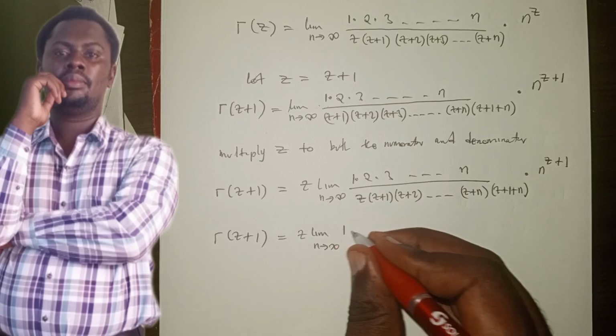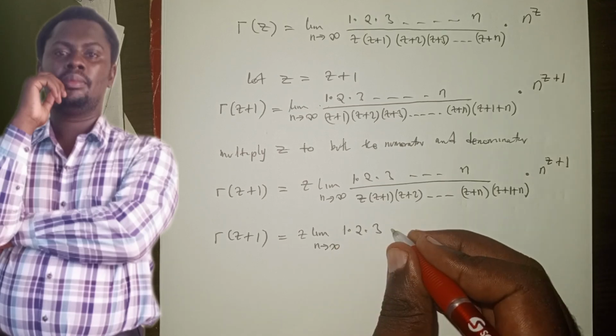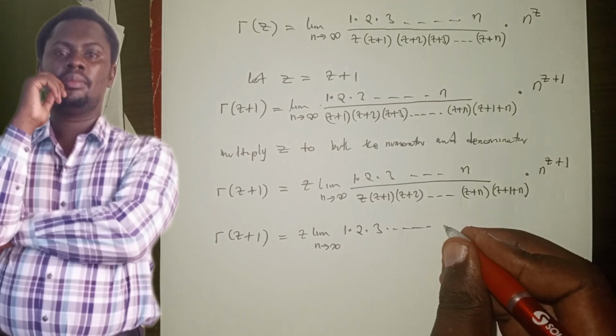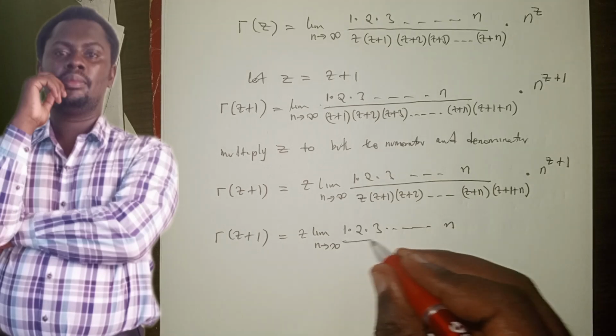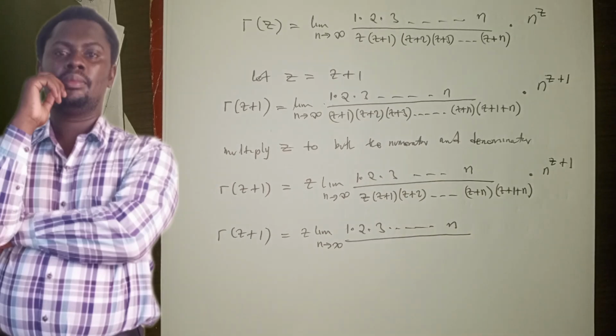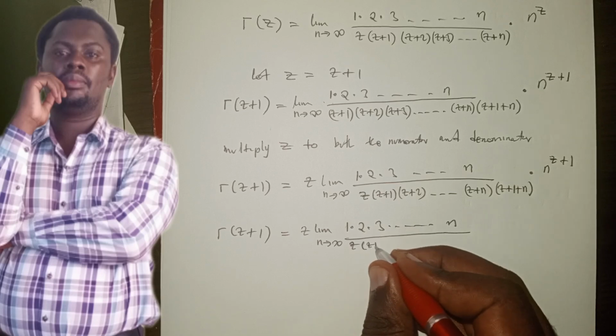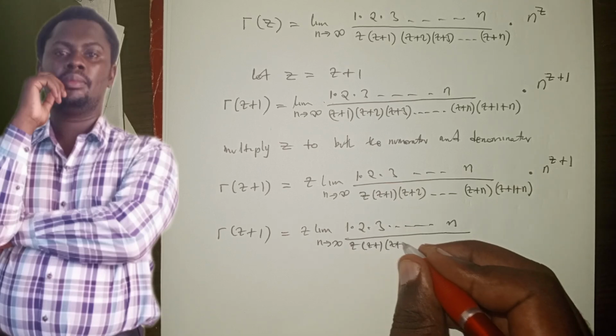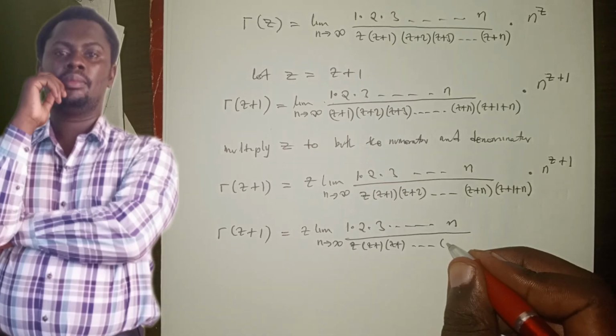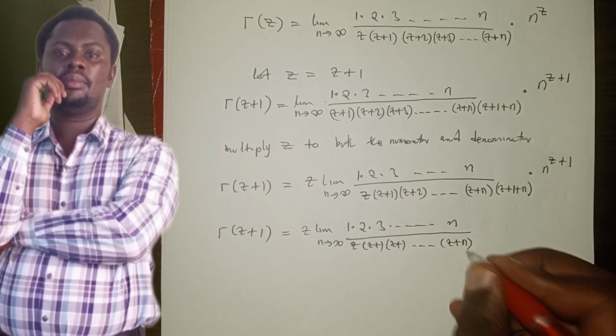So we have the product of 1, 2, 3 all the way up to n over z plus 1, z plus 2 up to z plus n.